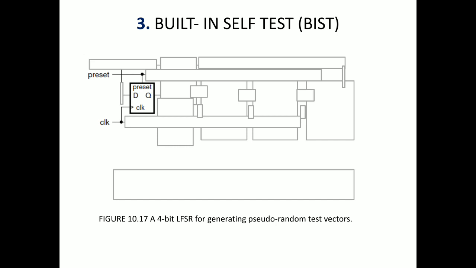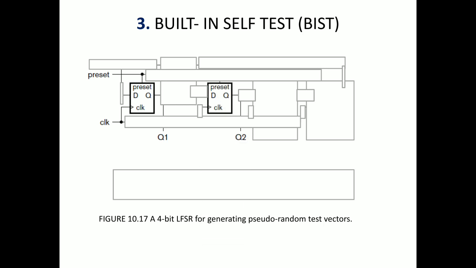We'll see how the pseudo random sequences are generated using this LFSR. First we have a flip-flop, and then we pass the output of the flip-flop to the next flip-flop. Before that we take the help of one logical component so that we can generate the sequence. The outputs are parallel. Q1 is the output of the first flip-flop.